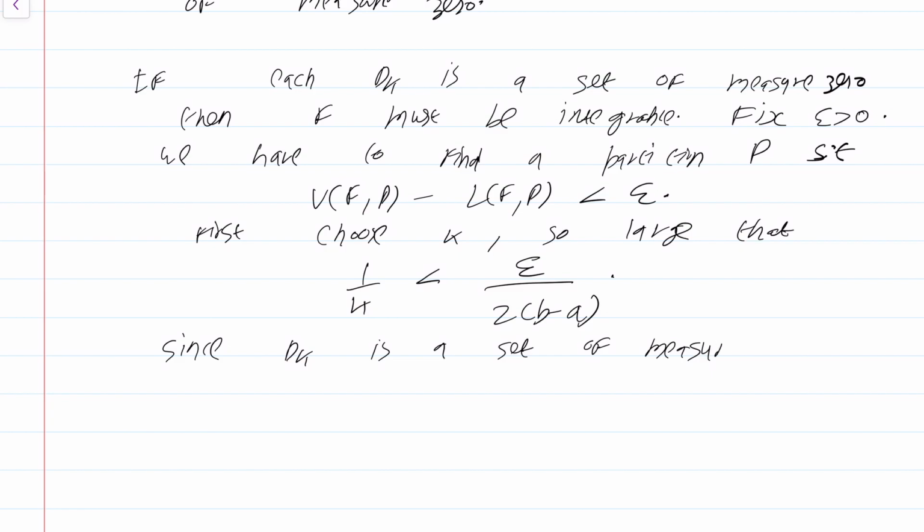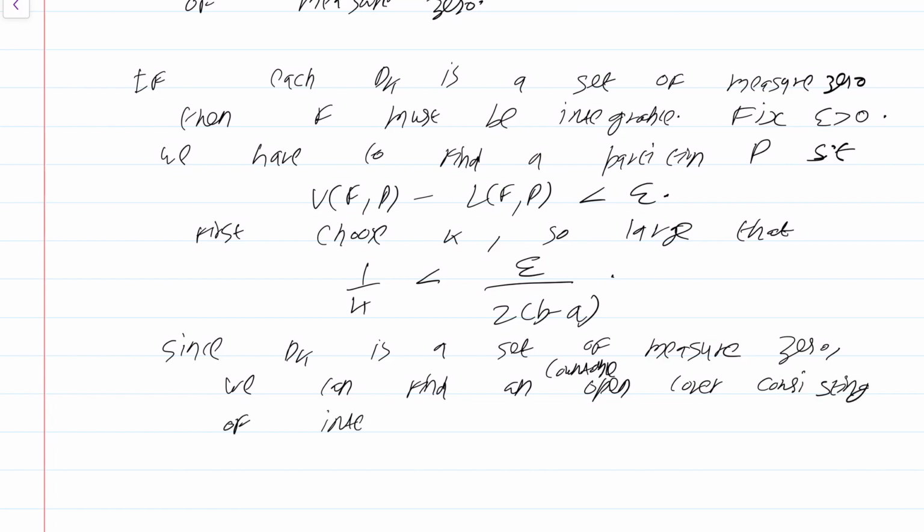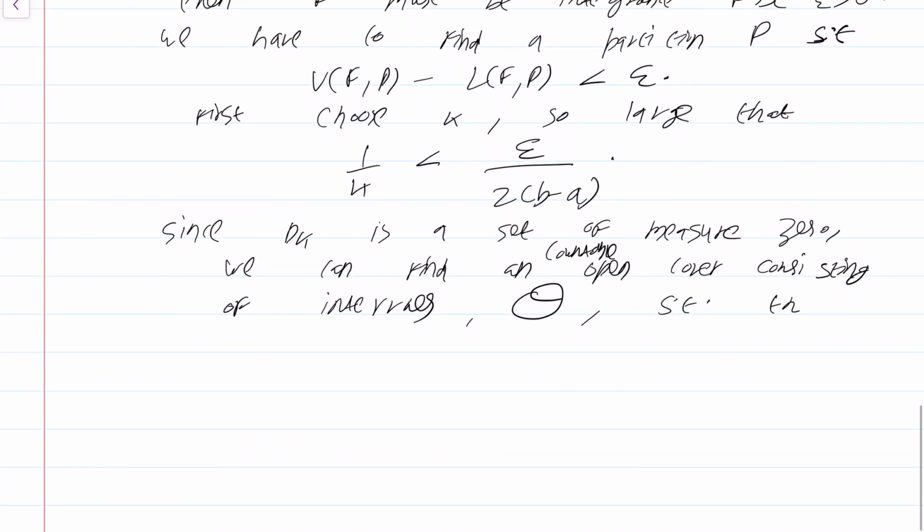I'm going to pull another magic constant out of a hat. We can find a countable open cover consisting of intervals. Let's call this fancy O, such that the net length of these intervals is less than epsilon by 4M.